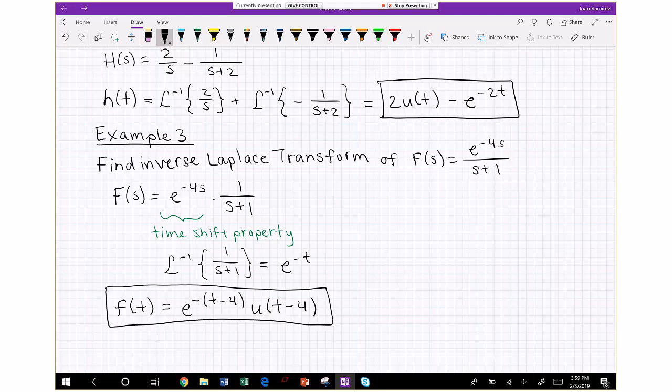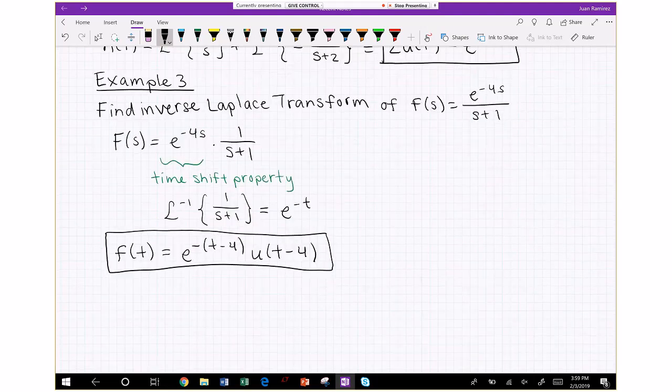So take a close look at the Laplace transform properties table. This is kind of a simple example using that, but if you're still sort of putting your head around that one, take a closer look at that.